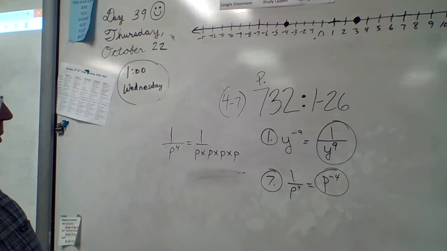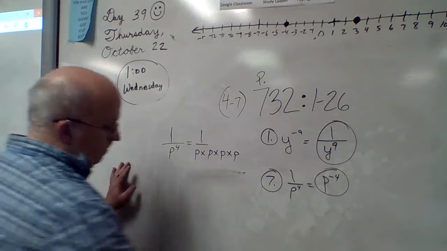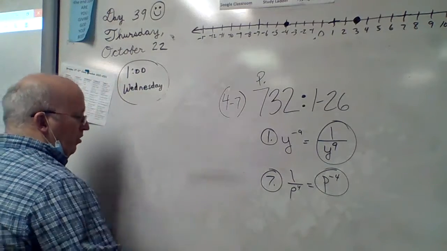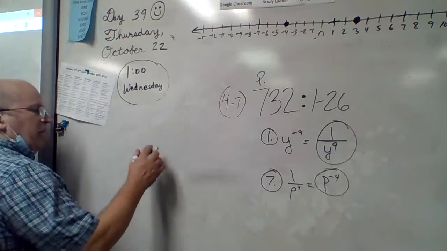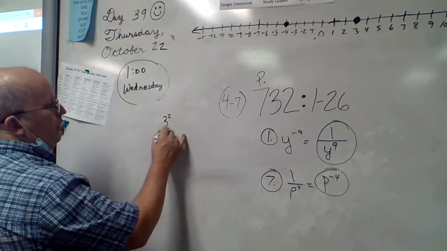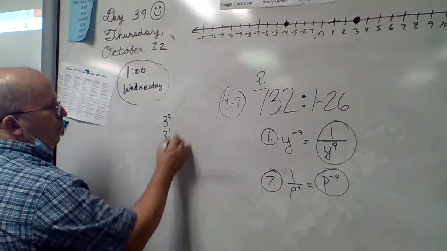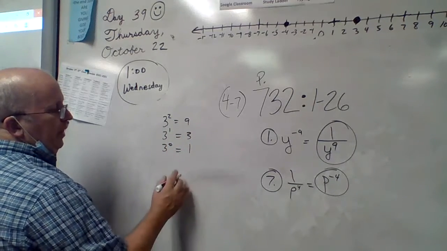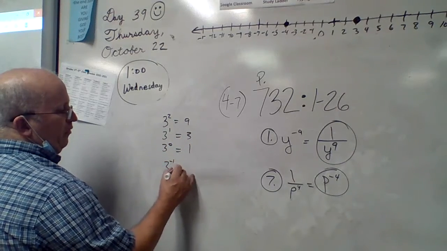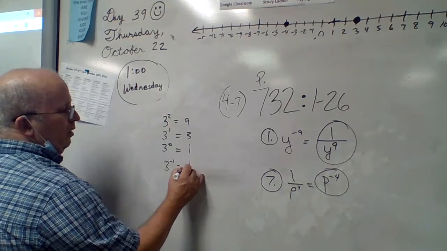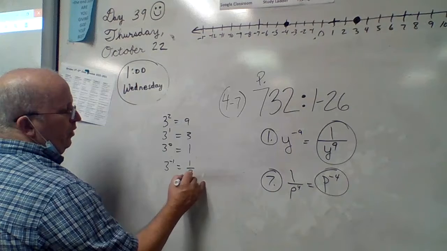You might be thinking, well, but how do we get there? We talked about this a little bit today in today's math lesson. If I have, let's say, for example, 3 to the 2nd, 3 to the 1st, 3 to the 0 power, those equal 9 and 3 and 1. Remember that? And then 3 to the -1st would actually equal 1 over 3.